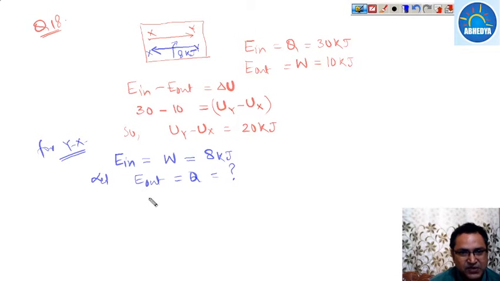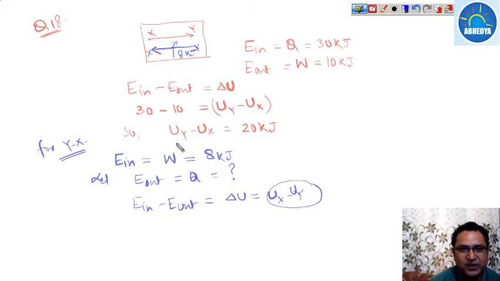As per the first law of thermodynamics, E in minus E out is equal to delta E. What is delta E here? That is delta U, and the system is moving from Y to X, so it will be Ux minus Uy. What is the value of Ux minus Uy? Uy minus Ux is 20 kilojoule, which we have already calculated, so this value is minus 20 kilojoule. E in is the work done, that is 8, minus Q is equal to minus 20.